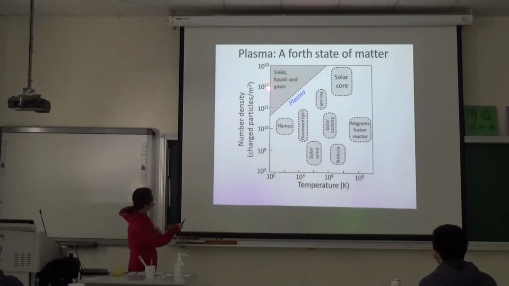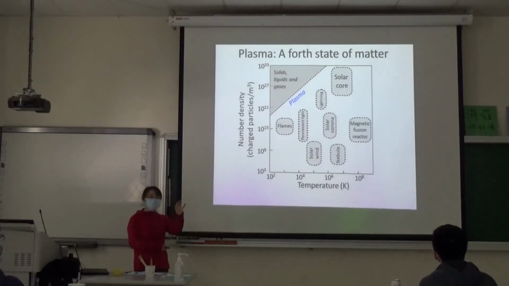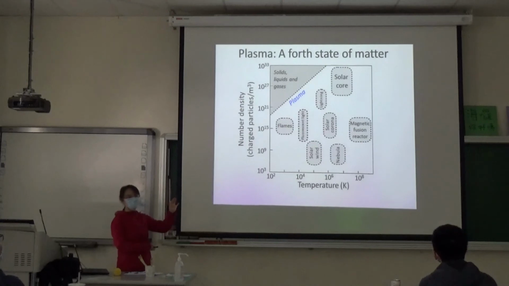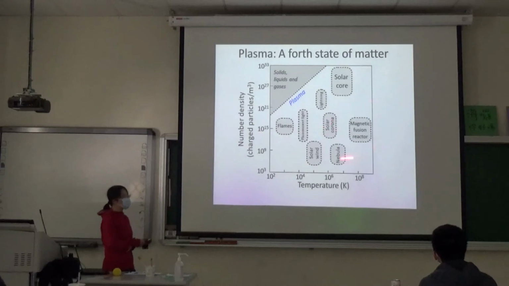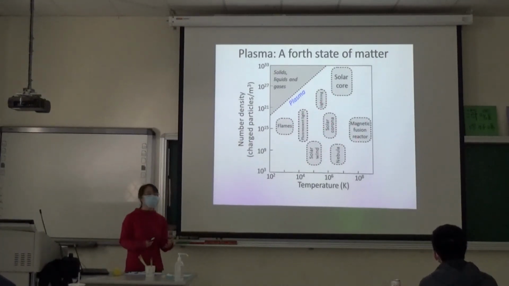You see, the states of matter that we are familiar with, like solids, liquids, gases, are here. They are only at a very small corner of all of the possible PT diagram. And the major state of matter is here.